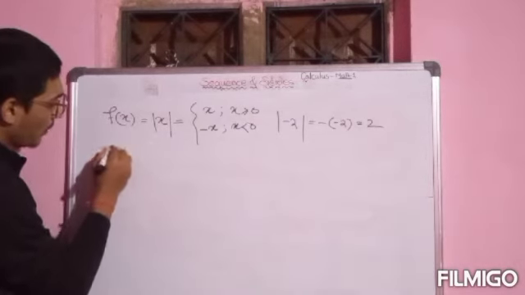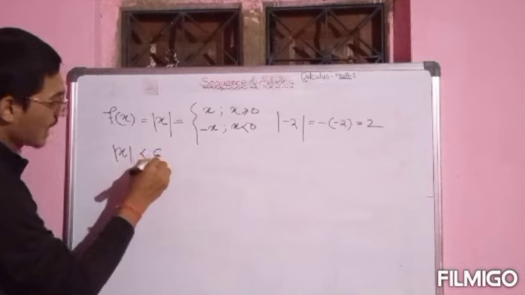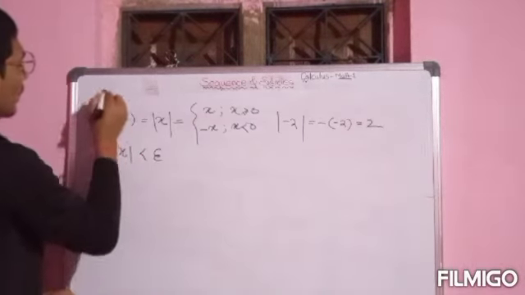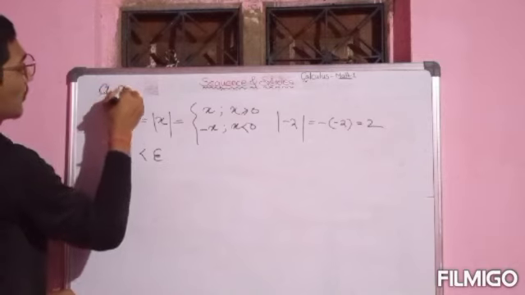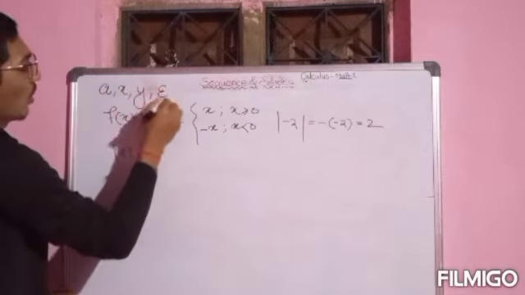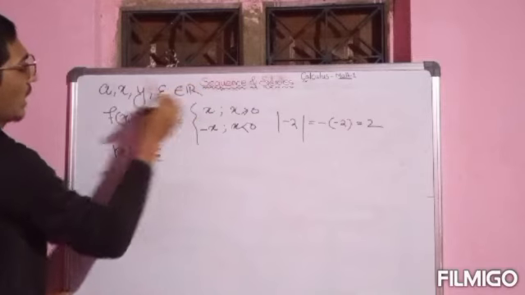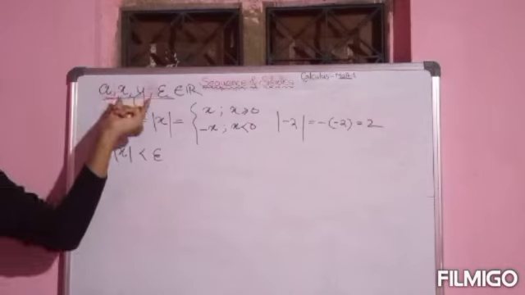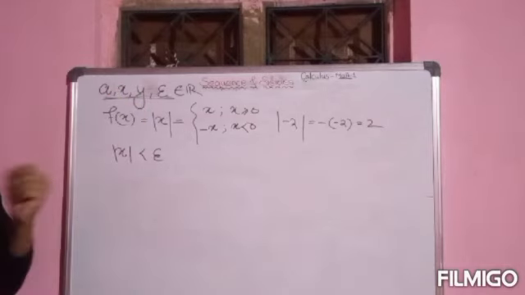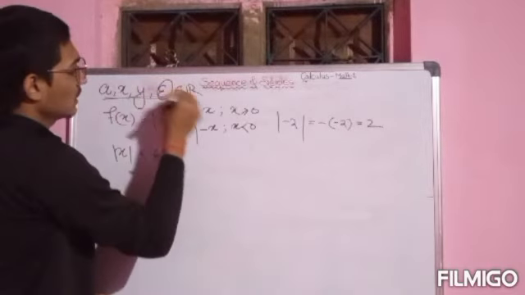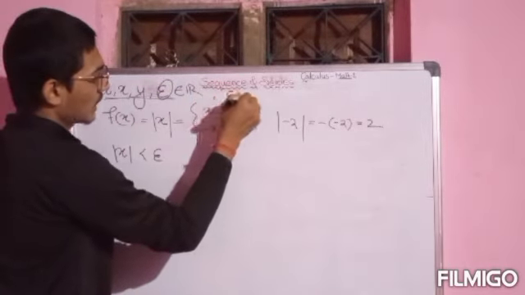For example, if mod x is less than epsilon, I am assuming some variables, all real numbers, and this epsilon is greater than 0.